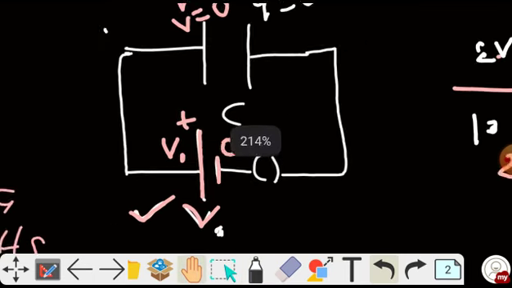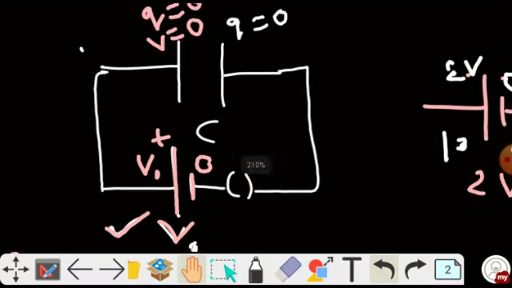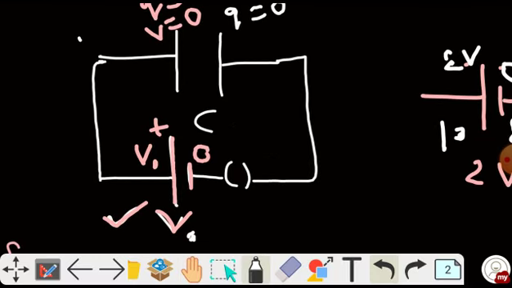Since the EMF of the given cell is V0, the potential of the positive terminal of the cell is V0 and the potential of the negative terminal of the cell is 0.